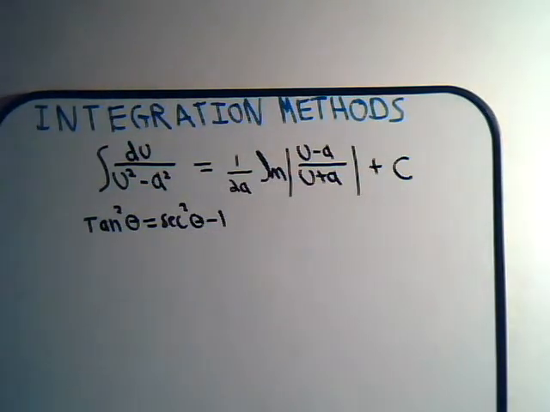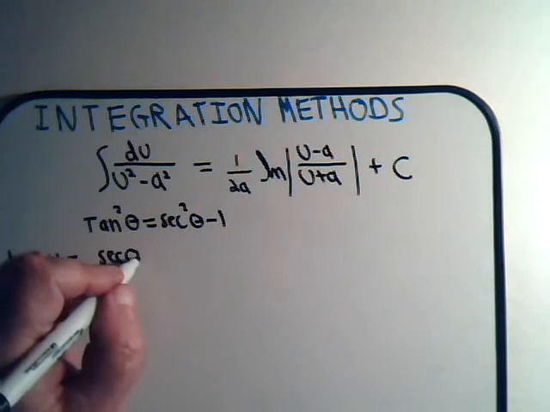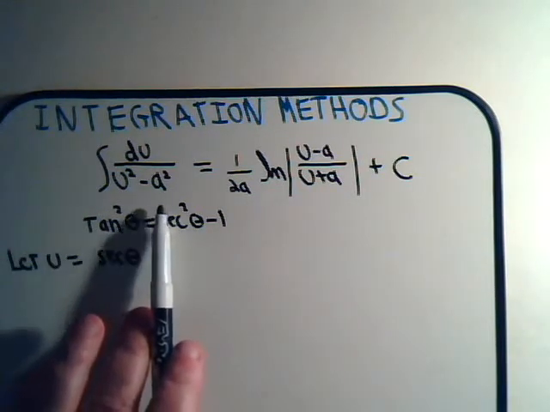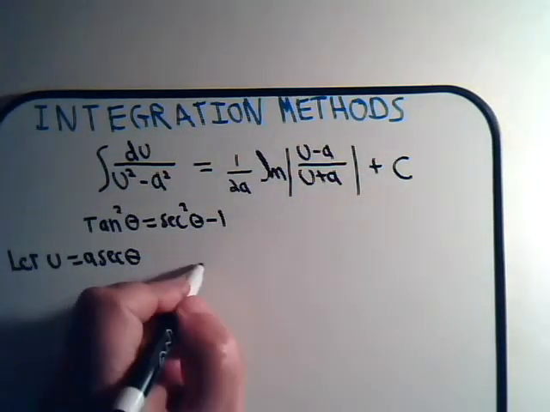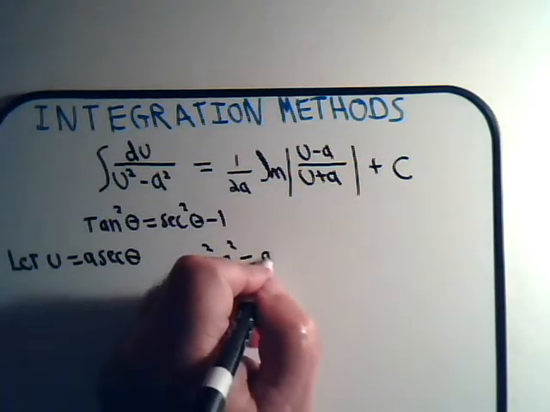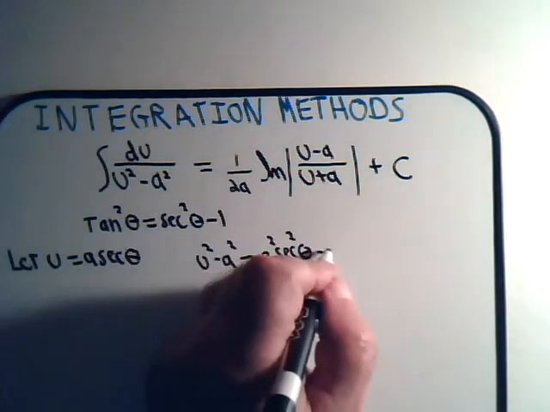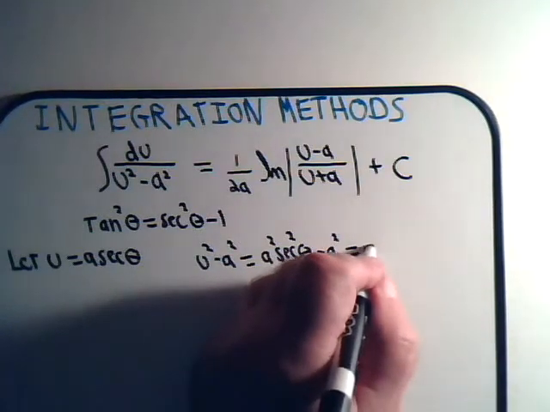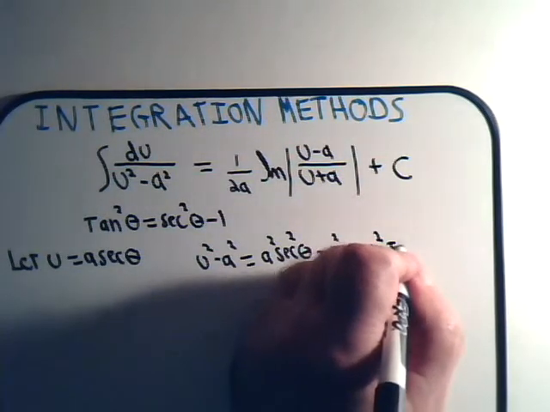So we start off by saying, let u be equal to the secant of theta times the square root of this, which is just a, so that in the denominator, u squared minus a squared is now a squared times the secant squared of theta minus a squared. And we factor out our a squared, and we'll get the secant squared of theta minus 1, which is the tangent squared of theta.